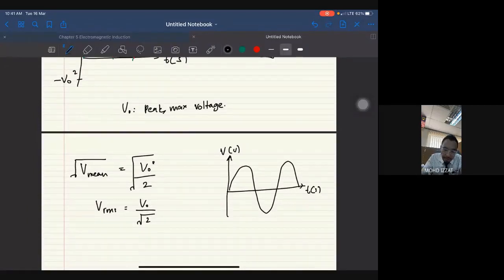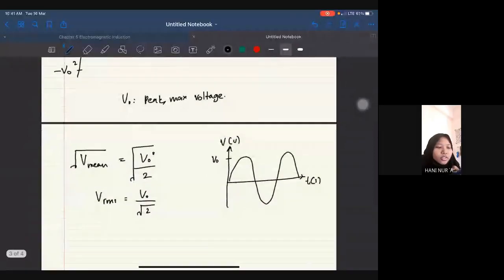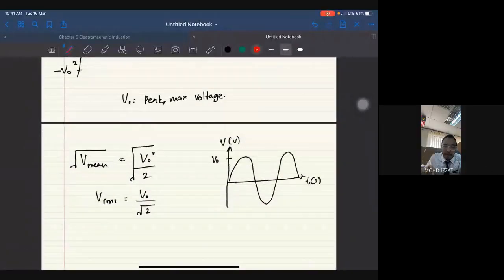And tell me what the value you get. 0.7071. Yes. That value actually represents 70% of the maximum value. So this is actually somewhere over here. So this one is actually the position of VRMS.